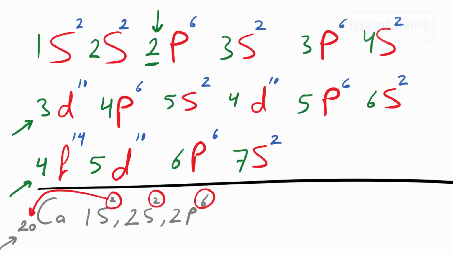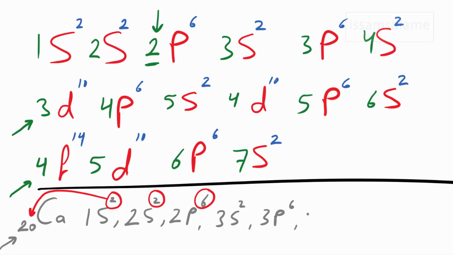I should continue till I get 20. So I will continue following the order of the subshells above till the number of electrons reaches 20. So now I'm following the same order: 3s2, 3p6, so now we have 18.